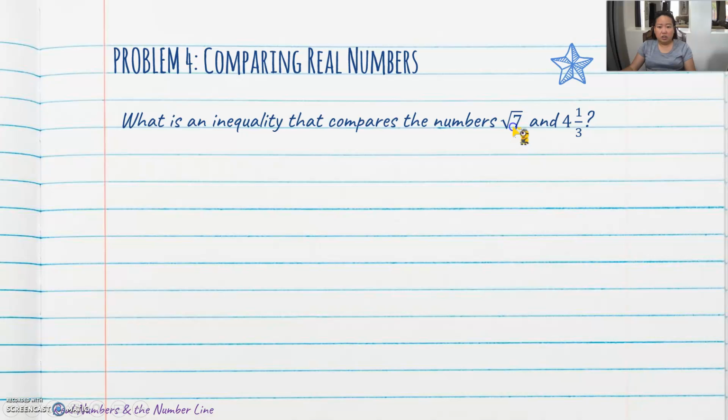In the case of the square root of 7, if you're going to estimate, this is definitely less than the square root of 9. And what is the square root of 9? The square root of 9 is 3. So we know that the square root of 7 is going to be somewhere around 2 point something, all right?